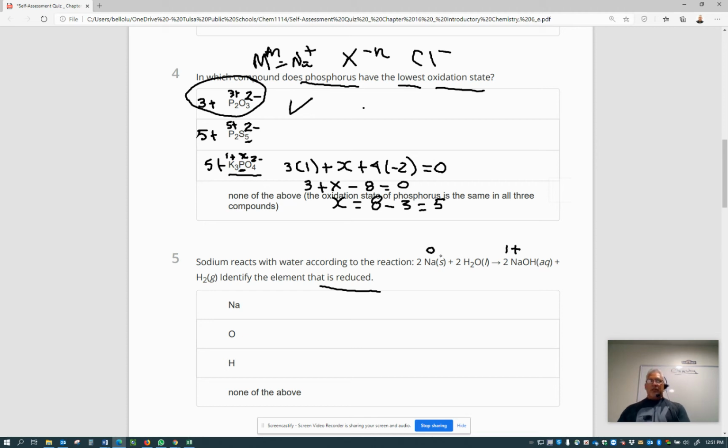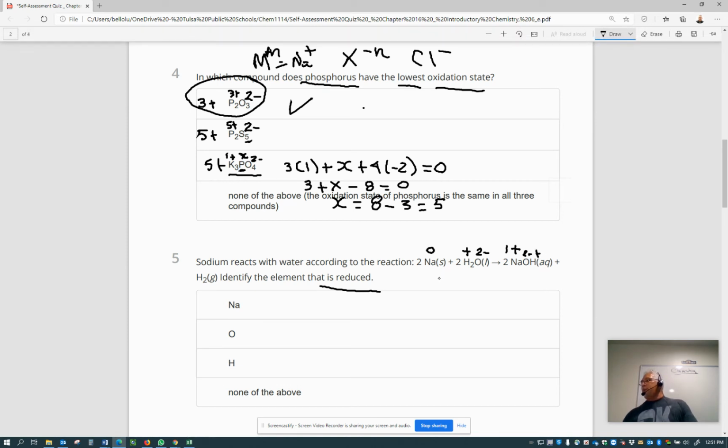All the elements in group 1, the alkali metals in the periodic table, will have 1 positive. And hydrogen is also 1 positive in water, because it's combined with the oxygen here, and oxygen will be 2 negative. So sodium is going from 0 to positive, and we have hydrogen also in the products, that will be 0 here.